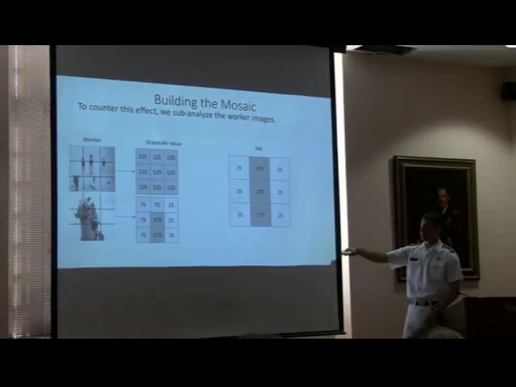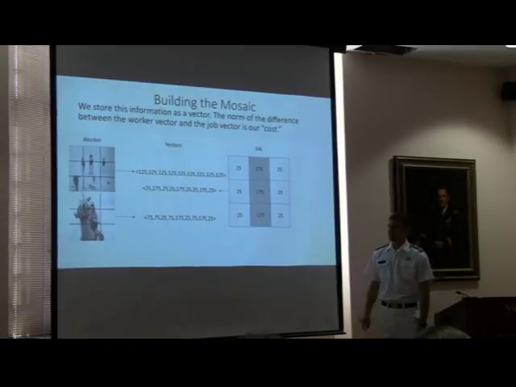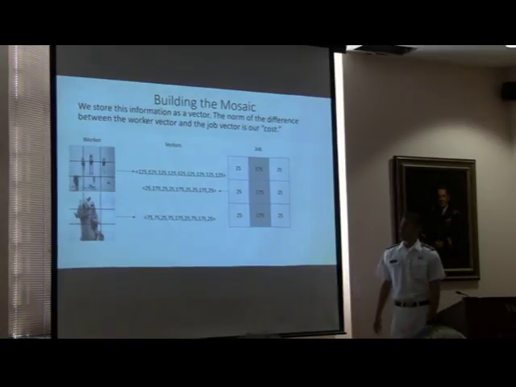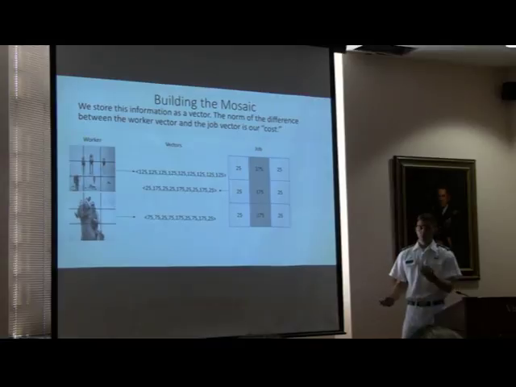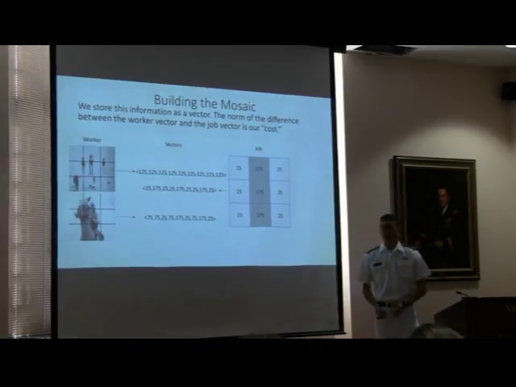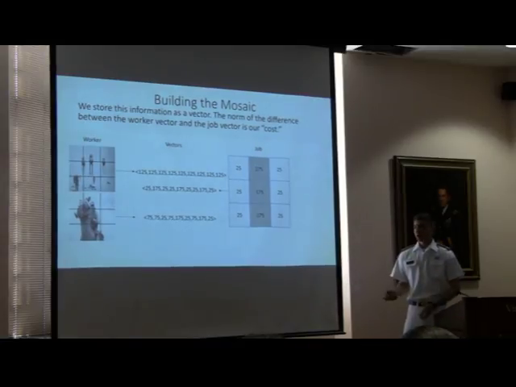So what we do is we put that information into vectors and we take the mathematical norm of the difference between those two vectors. That's kind of like when we just did a 1-to-1 comparison, subtracting the difference in the grayscale values.